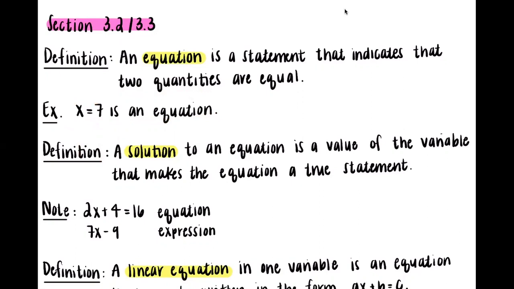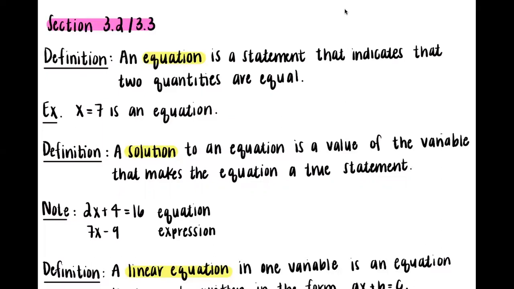A solution to an equation, that's the answer. A solution to an equation is the value of the variable that makes that equation a true statement. When I think about solving equations, I feel like this is one of the harder chapters that we'll be talking about. It's just a puzzle at the end of the day. An equation is just a puzzle that we use operations and the distributive property and combining like terms to solve.